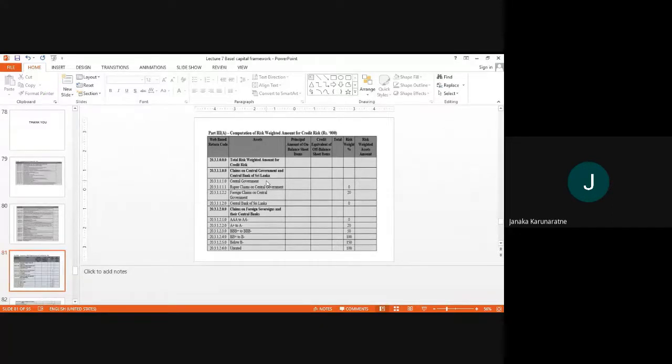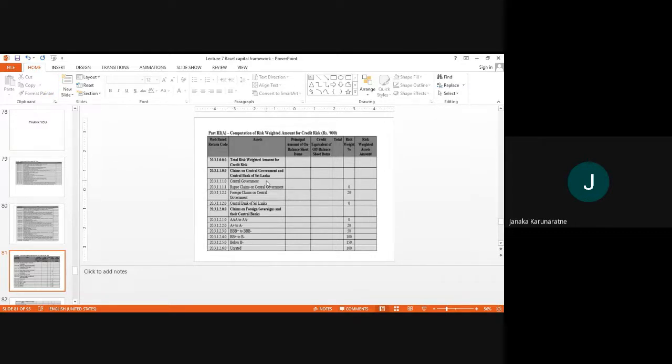I am not going to the limits set in this direction, but let's say the requirements are 4.5% common equity tier 1, 6% tier 1, and total 8%, which is not the Sri Lankan one, but let's say for the time being for this particular question. So ABC Bank needs to maintain CET1 of 4.5%, tier 1 of 6%, and total of 8%. So how much capital should the bank keep for this exposure as per this guideline?